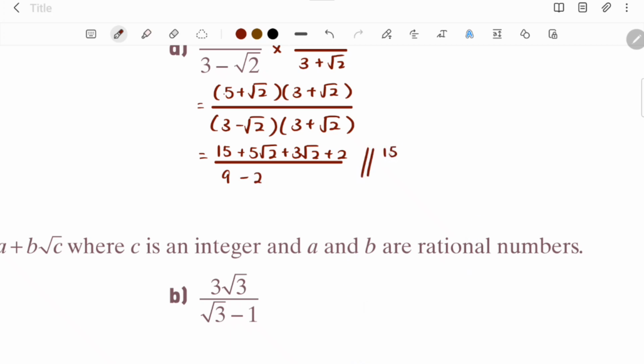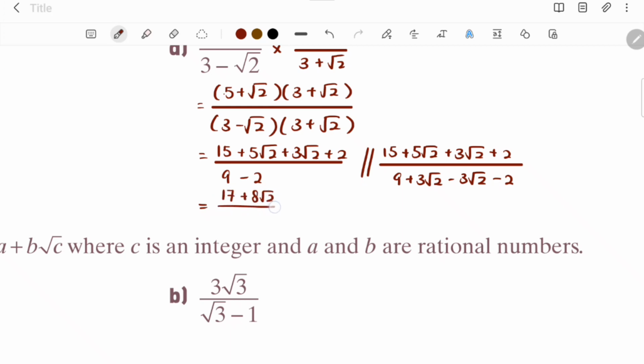So 9, and then after that plus 3 root 2 minus 3 root 2 minus 2. So simplify it, you should get 17 plus 8 root 2 over 7. That's your final answer.